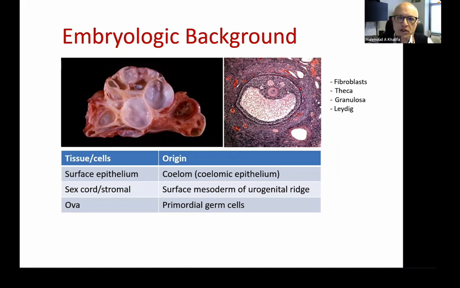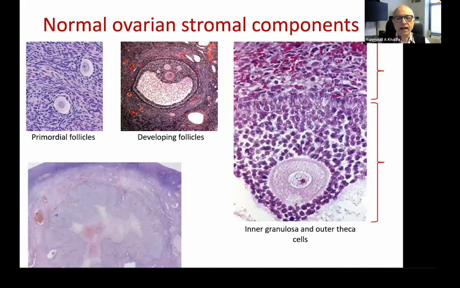So when tumors arise from the sex cord stromal cells of the ovary, they can take the female differentiation, i.e. granulosa cells and theca cells, or the male differentiation, i.e. Sertoli and Leydig cells. In the middle of all of this, we have the primordial follicles, and the primordial follicle is the germ cell that will give rise to germ cell tumors.